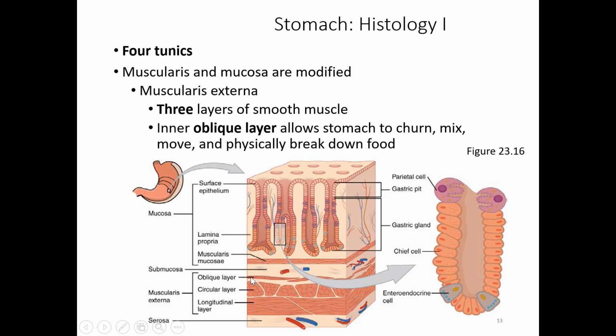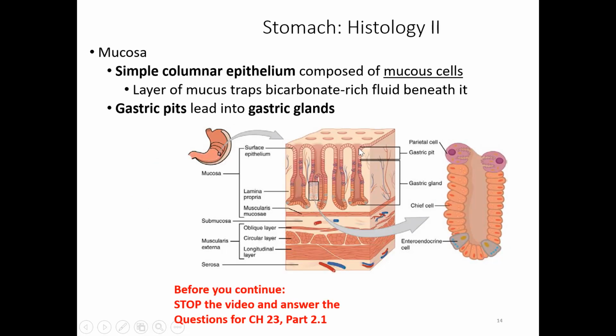In the stomach there will be a 3rd layer, which is called the oblique layer. That makes the muscle of the stomach stronger, and that allows the stomach to turn, mix, move, and pretty much physically break down food.